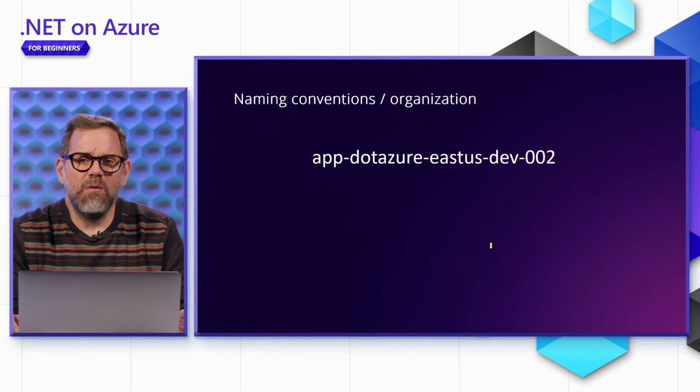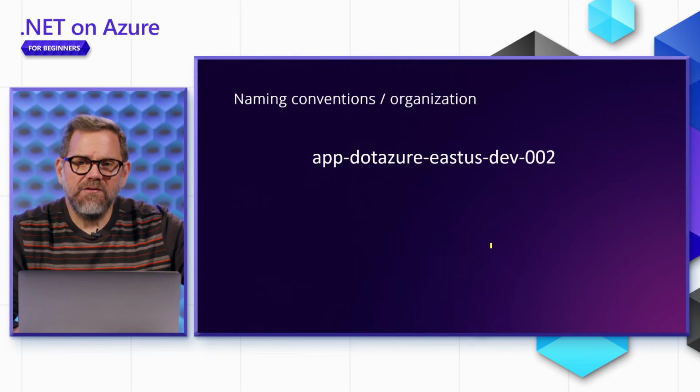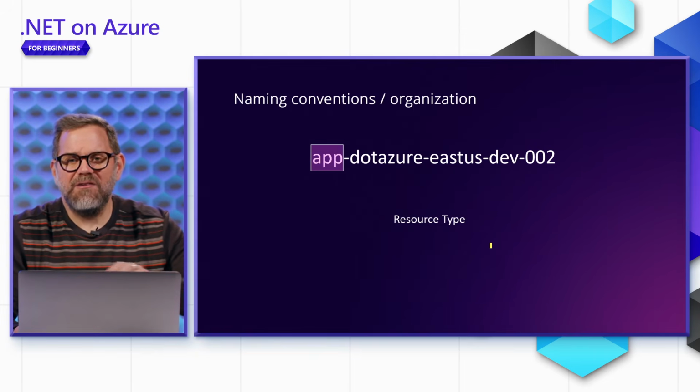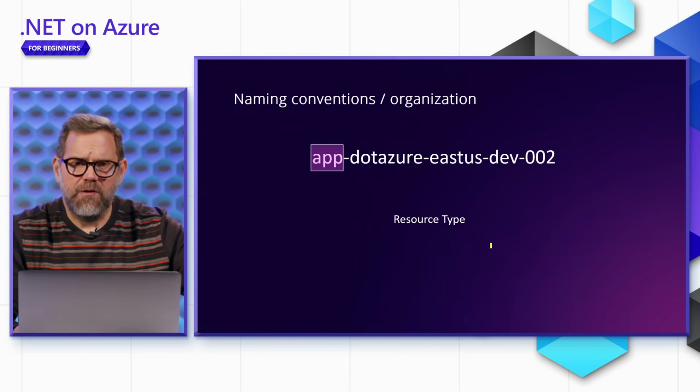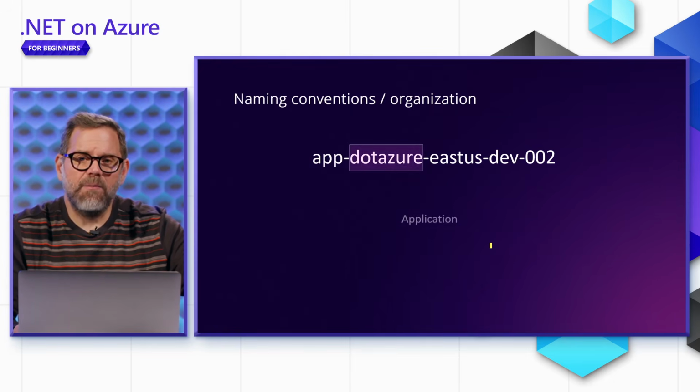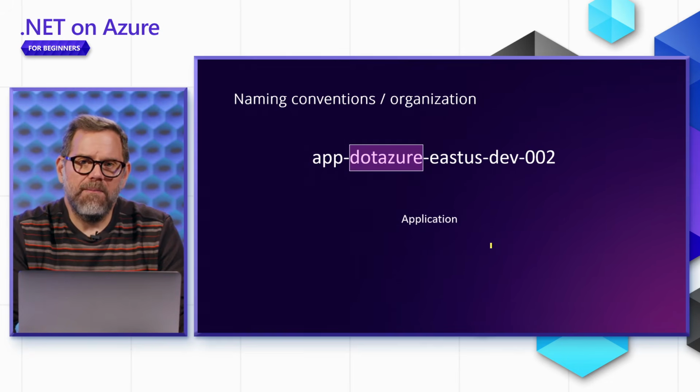Essentially what you're going to want to do is have the type of resource as the first one. Microsoft has suggested an abbreviation for every type of resource in Azure you can create. So resource type, and this would be a web application type. The next step would then be the application name.